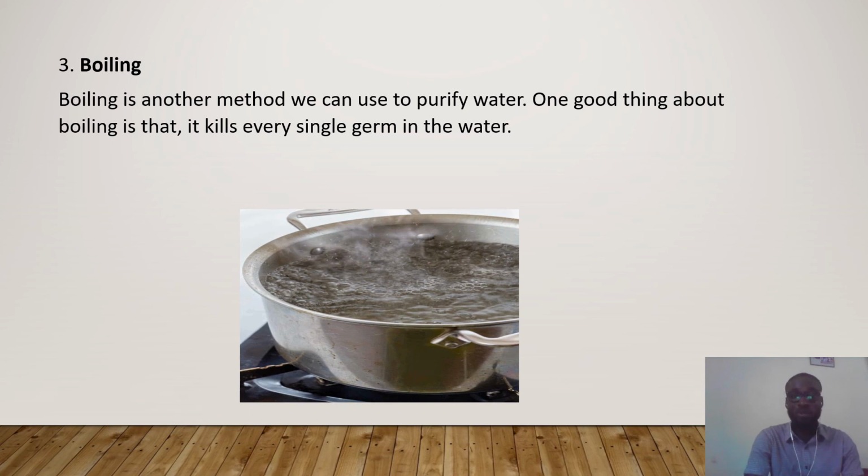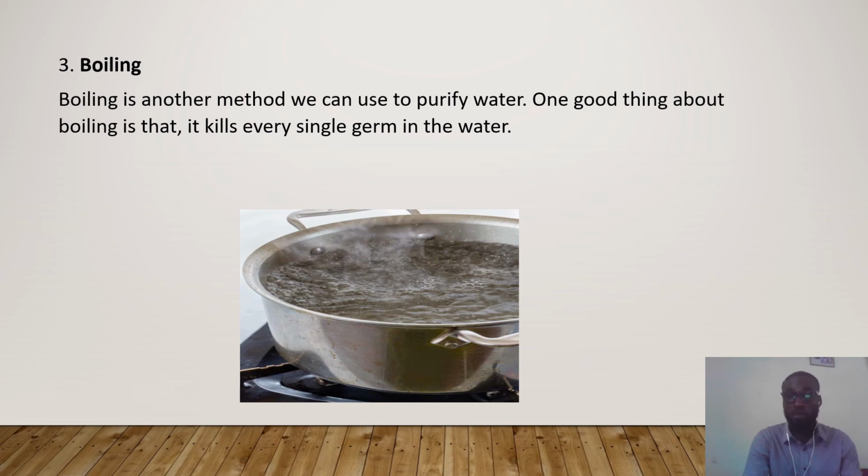All right, so this brings us to the end of the lesson. We've been able to identify what purification is. We've also identified some of the methods that can be used to purify water. One, we had filtration. Two, addition of alum.